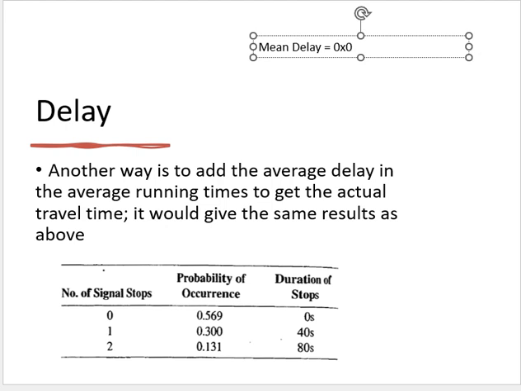What is chance? 0.569, meaning 56.9%. What is the next value of delay? 40. What is the chance? 0.3. Next value of delay? 80. What is the chance? 0.131. So this will give you the total of the entire highway. And how much is that?